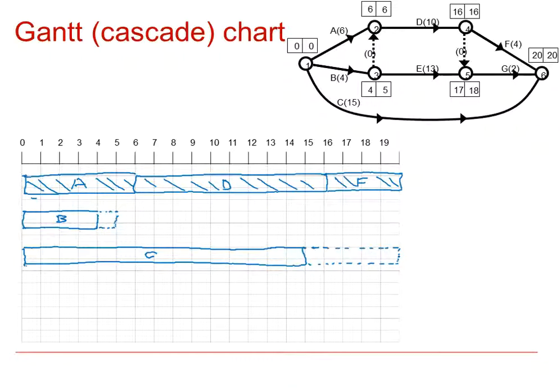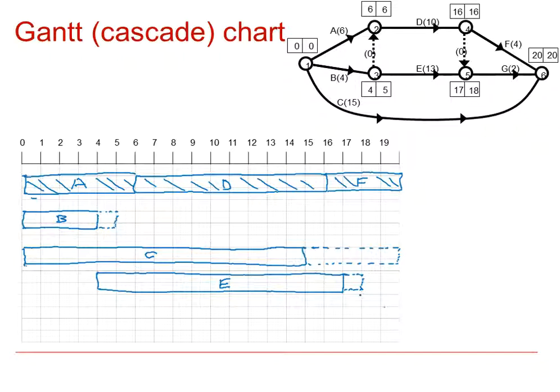E, the earliest E can start is at 4 and it lasts for 13. So E would start at 4, lasting for 13 would take us up to 17. There's E, but the latest E can finish is 18, so it has 1 unit of float.